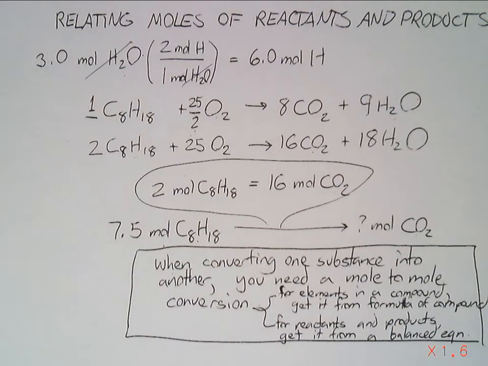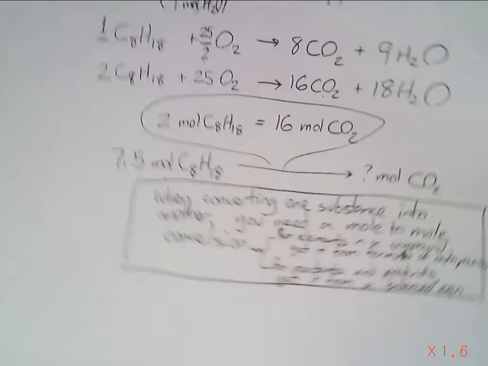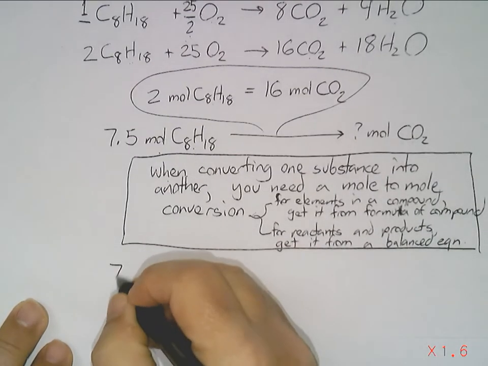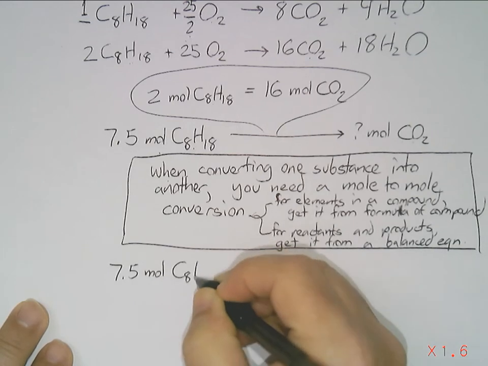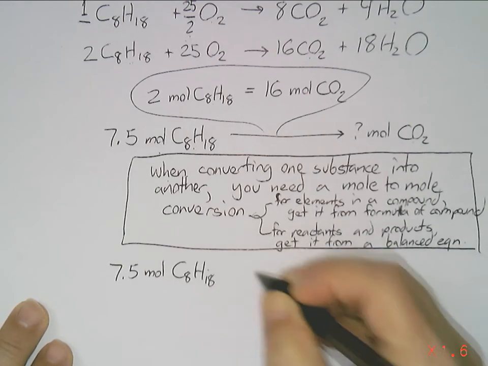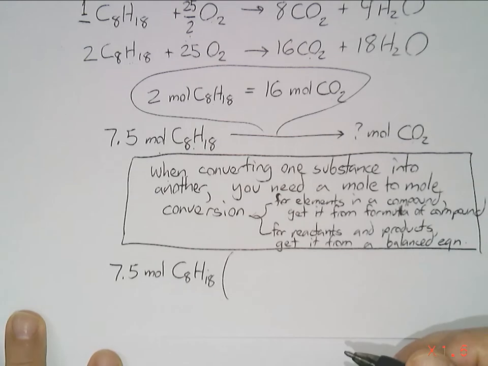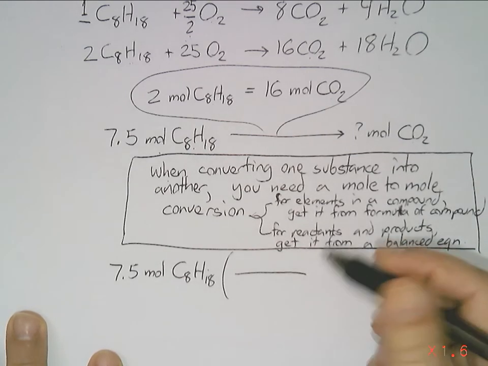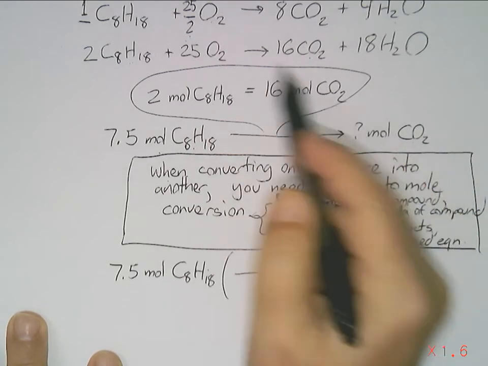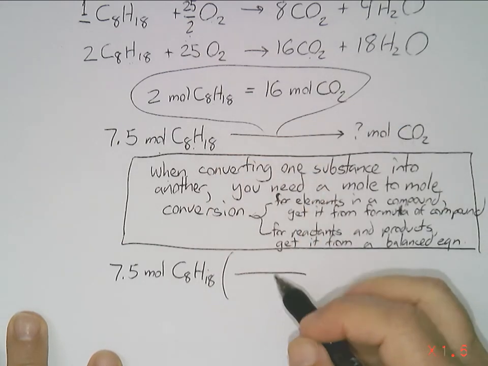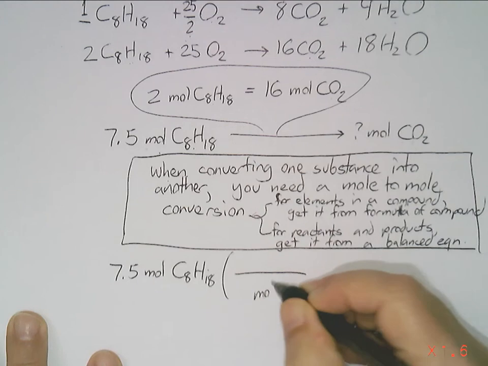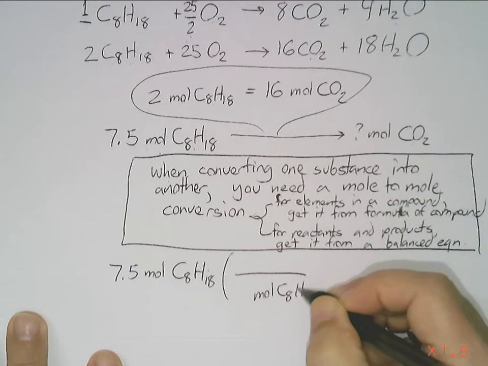All right, let's finish this problem that I started here. If I have 7.5 moles of C8H18 and I want to figure out how many moles of CO2 I'm going to get, I'm going to use this conversion factor that I got from the balanced equation, and I have to put moles of octane C8H18 on the bottom.